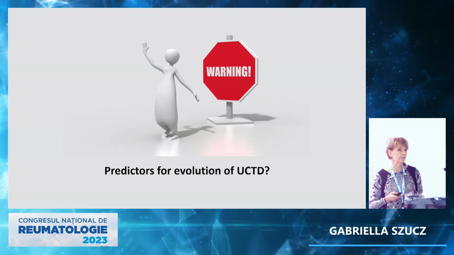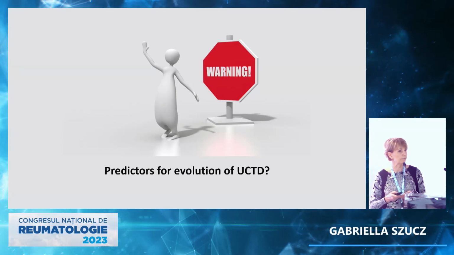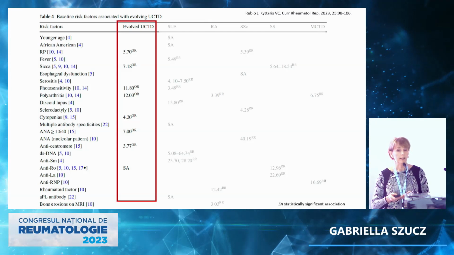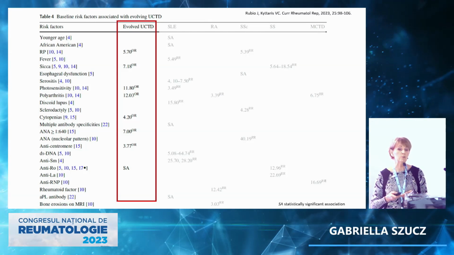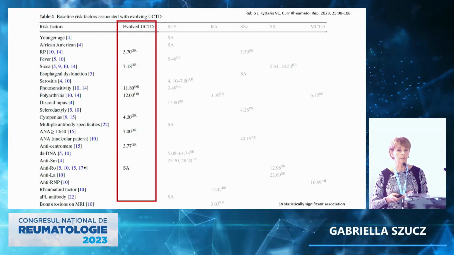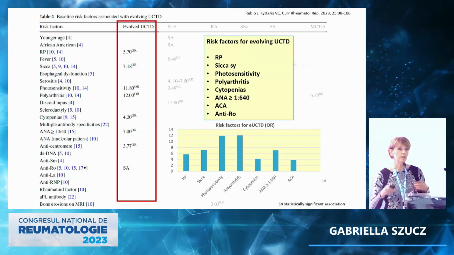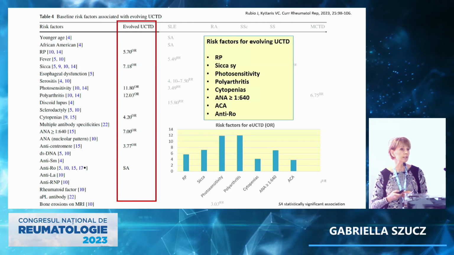But do we have really good predictors for evolution of UCTD? Maybe yes. The aforementioned publication showed that the evolved UCTD showed special risk factors for evolving.